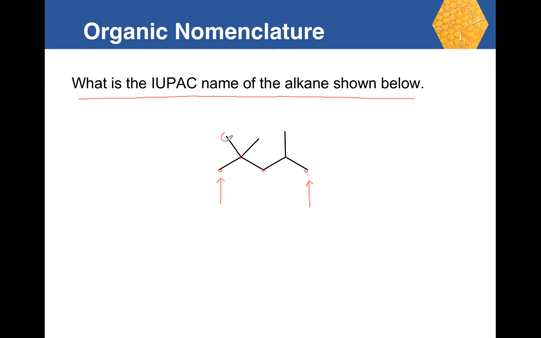Since we have 2 methyls on the second carbon here, we will start at this carbon and not at this carbon, which just has 1 branch. So this becomes our longest chain, and we start at this carbon for numbering, and this is a branch, this is a branch, and this is a branch. So it has 3 branches. So we'll have to name those 3 branches.